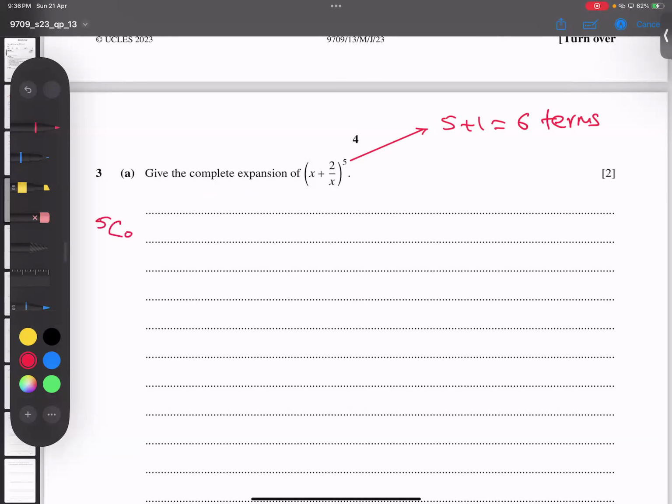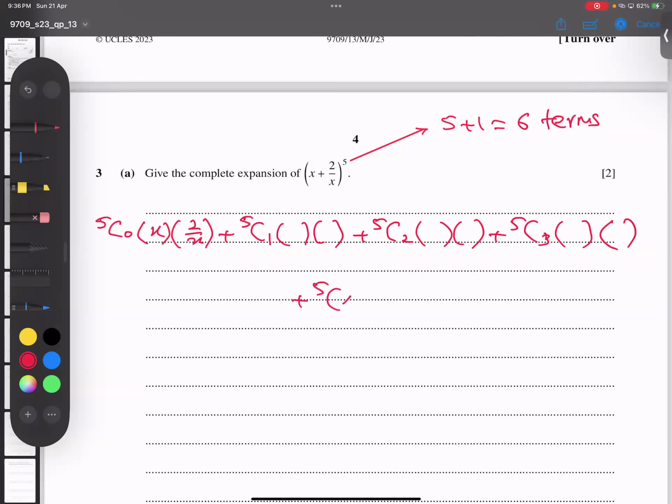So 5c0, sorry, not 6c0, 5c0. Now 5c1, 2 brackets. 5c2, 2 brackets. 5c3 and 2 brackets, space problem, I'm writing below. 5c4, 2 brackets. 5c5, 2 brackets.